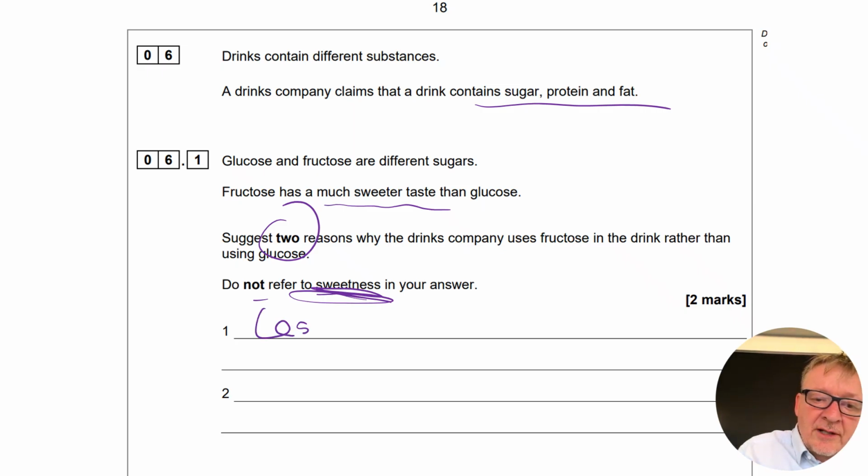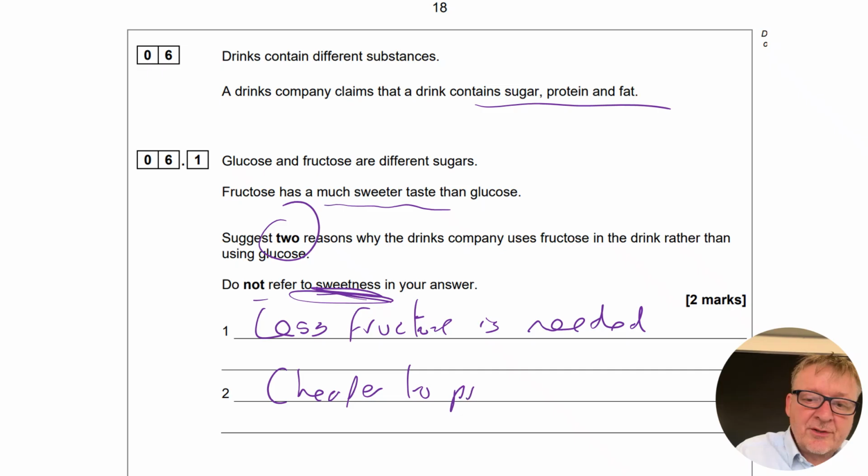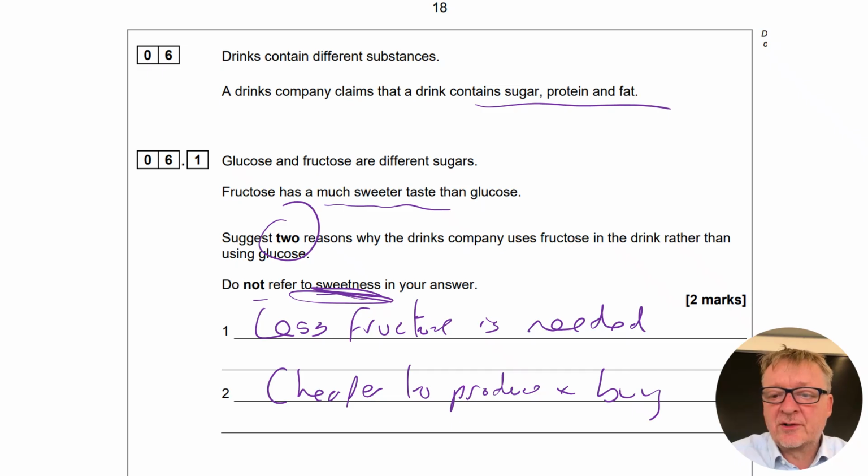Right, so less fructose is needed. Okay, so to get the same level of sweetness, you need less fructose in there. It is cheaper to produce and buy. That's assuming that fructose and glucose are about the same sort of price, which I don't know if they are or not.